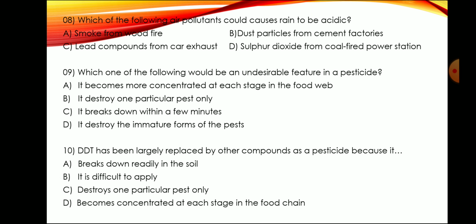Next question is: which of the following air pollutants could cause rain to be acidic? The options are A, smoke from wood fire, B, dust particles from cement factories, C, lead compounds from car exhaust, and D, sulfur dioxide from coal fired power station.